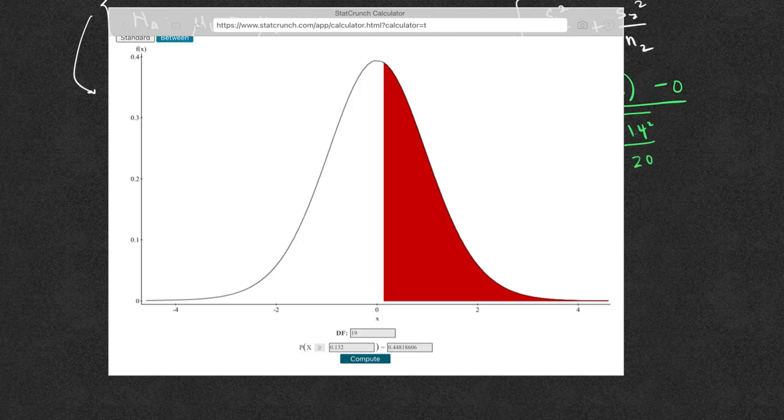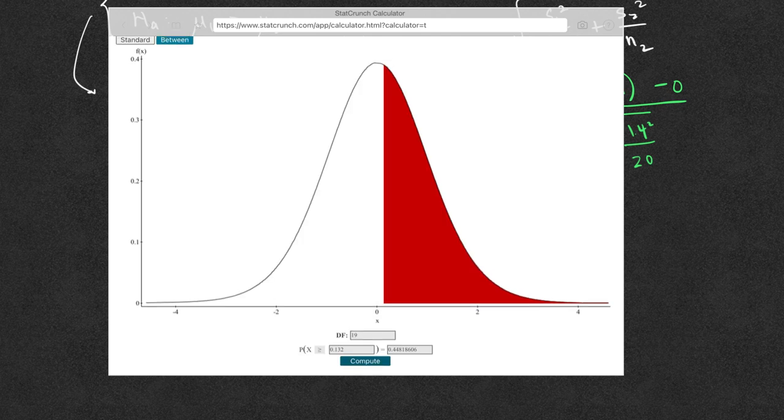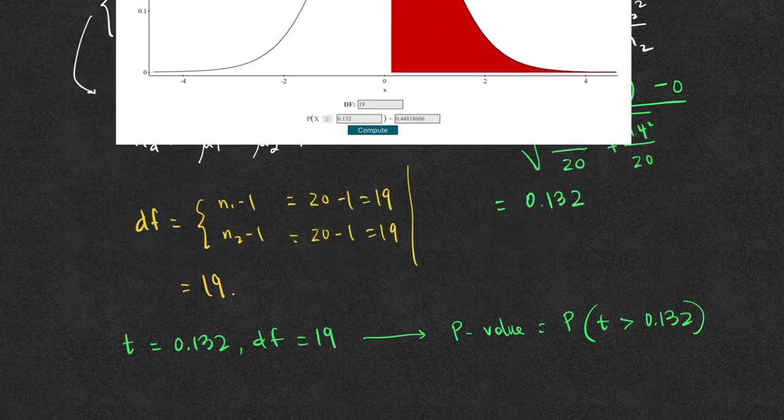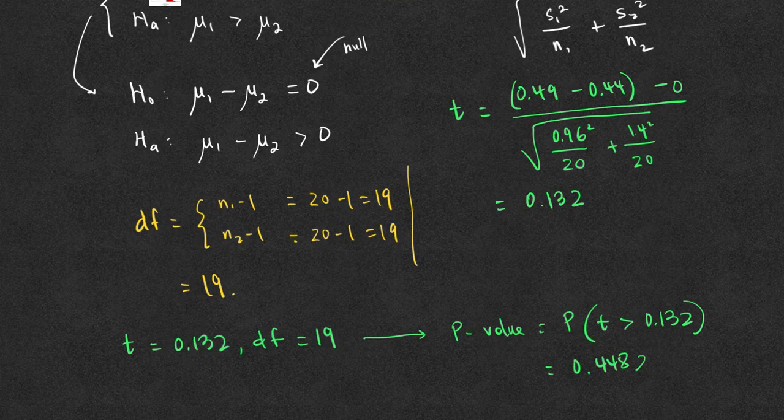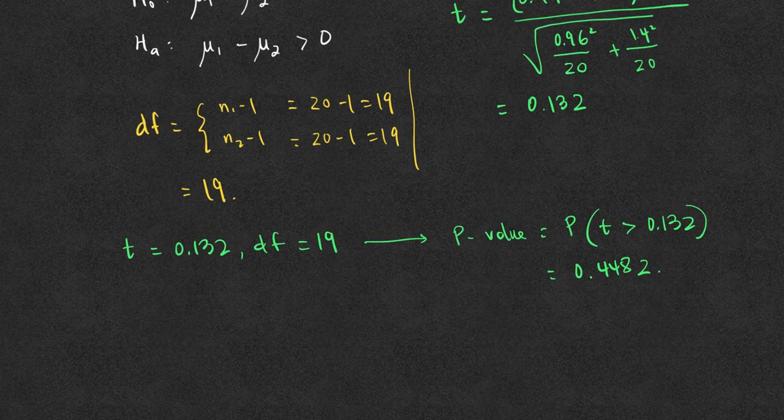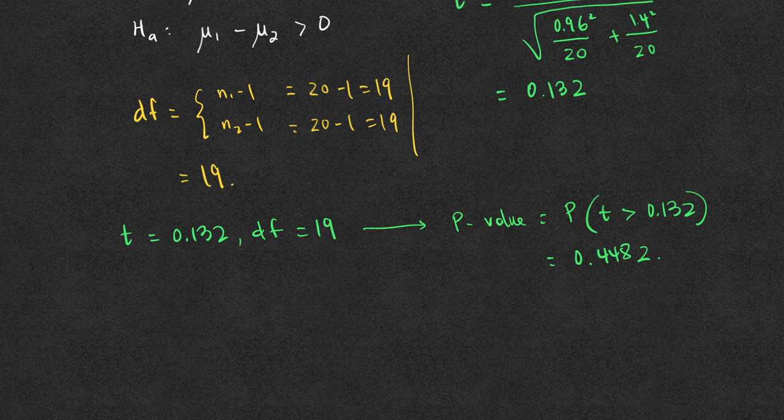And so the p-value is simply the probability that t is greater than 0.132 with the degree of freedom equals 19, and we see that this is 0.4482. Since the p-value is greater than alpha, alpha is the significance level, and we are asked to use alpha equals 0.05, we would fail to reject the null hypothesis.